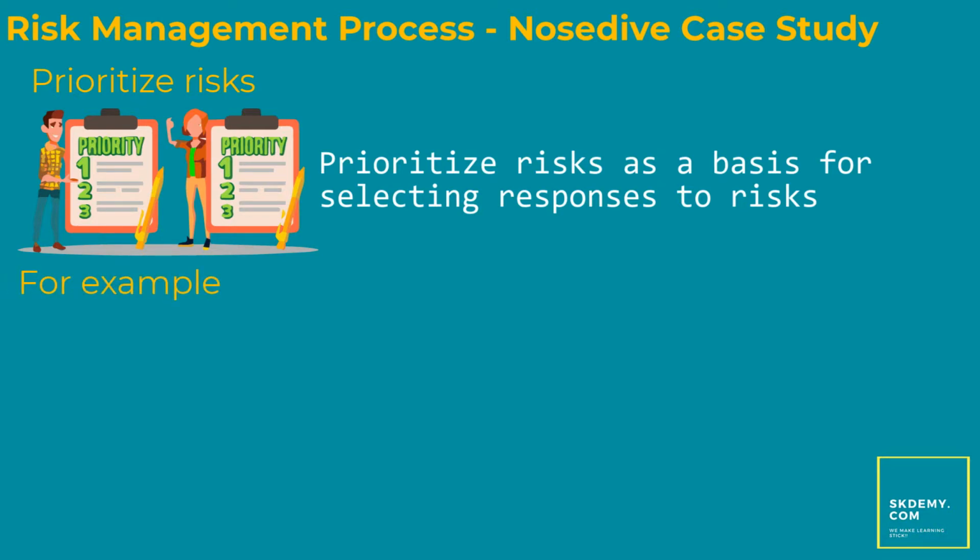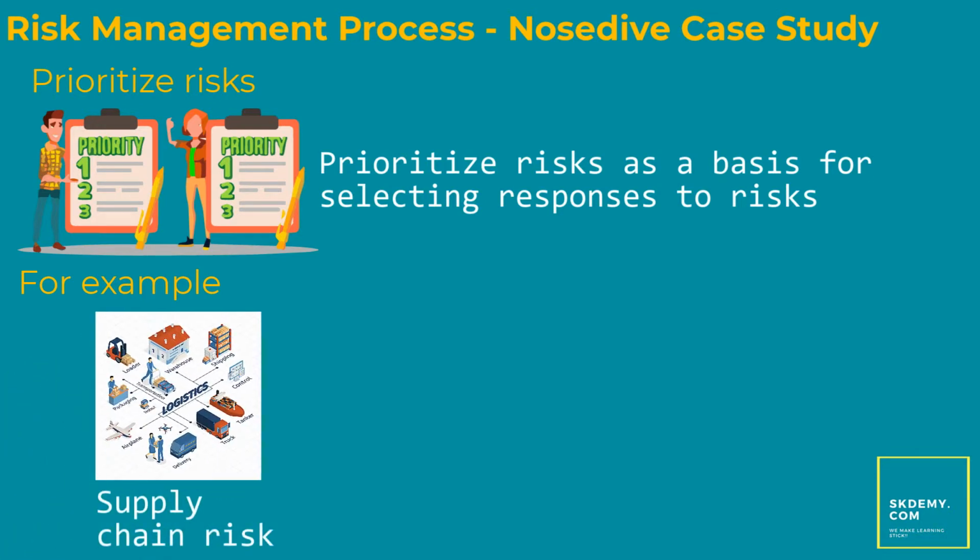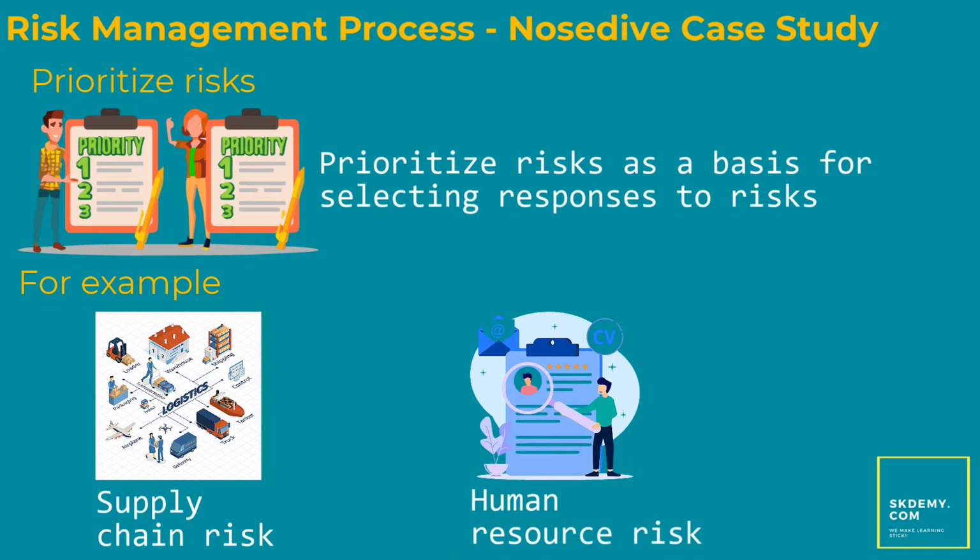For example, Nosedive identified its supply chain risk as high with a risk score of 15 and its human resource turnover risk, that is employees leaving, also high, with a risk score of 15.